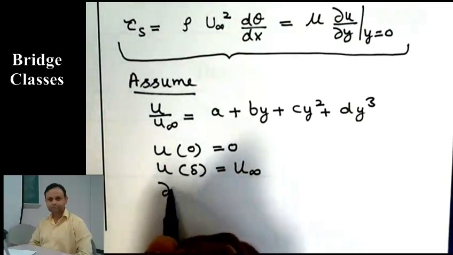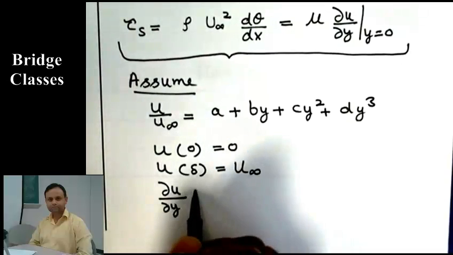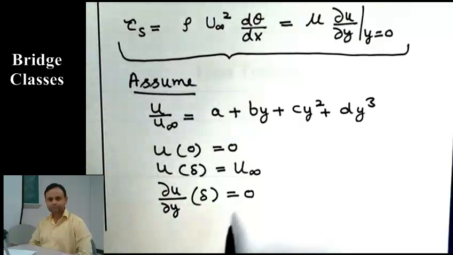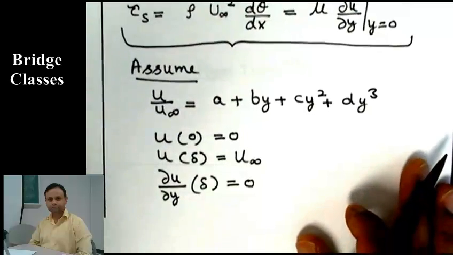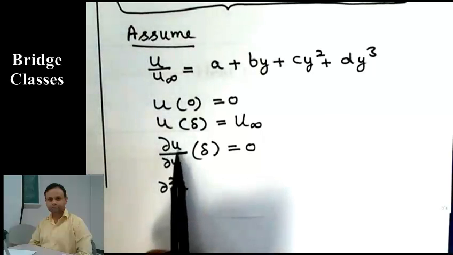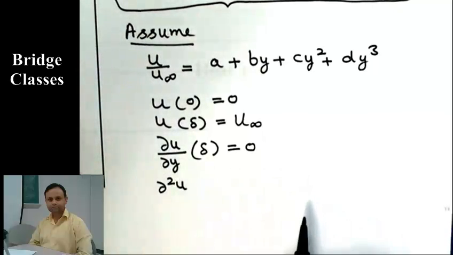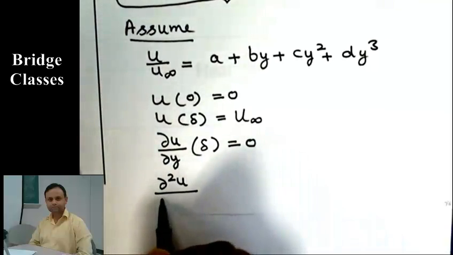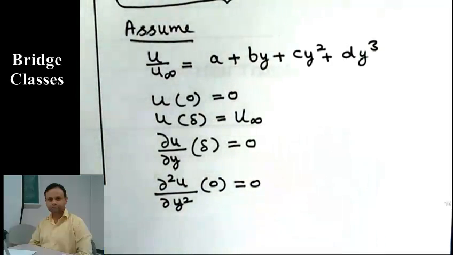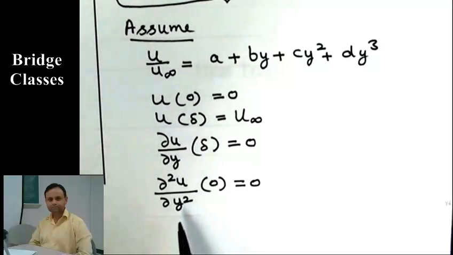Along with this, del u del y at y equals delta will be 0, because outside the boundary layer there is no velocity gradient. And you also have one more: d square u over dy square at y equals 0 is also 0. Actually, you can write d instead of del, because u is just a function of y here. This comes from looking at the boundary layer momentum equation, because at the wall u is 0 and v is also 0, so the second derivative has to be 0.